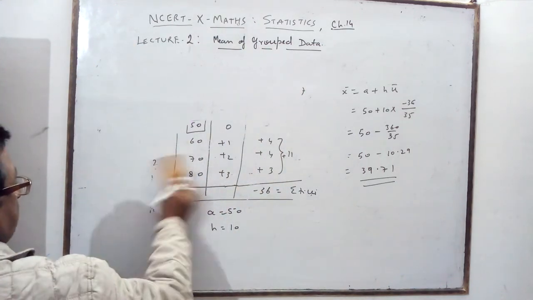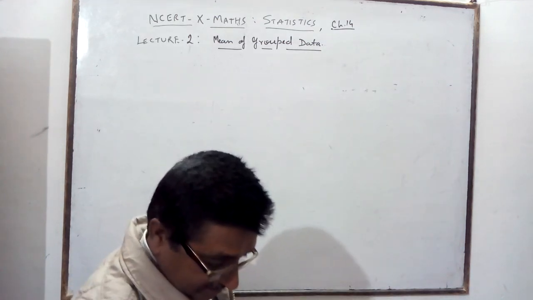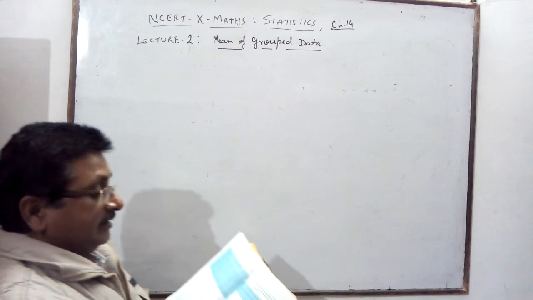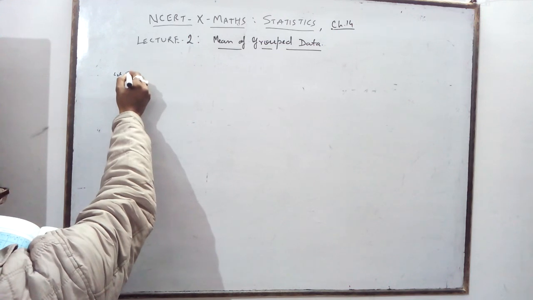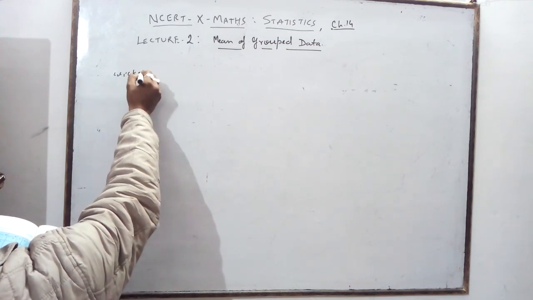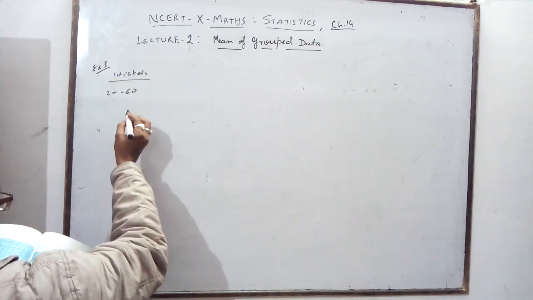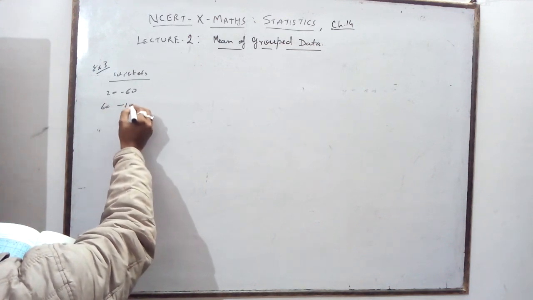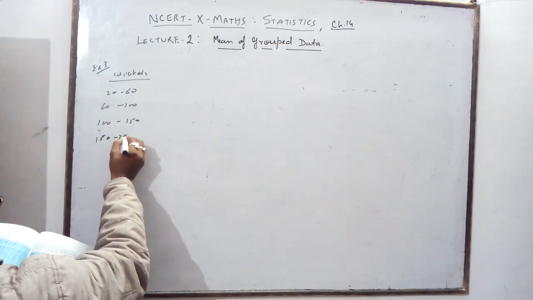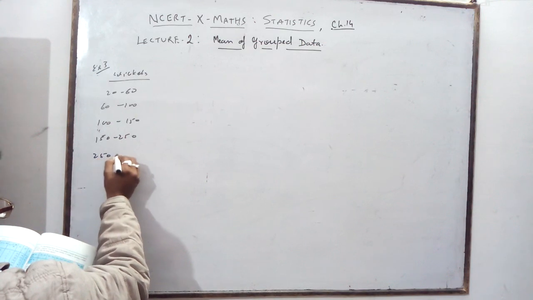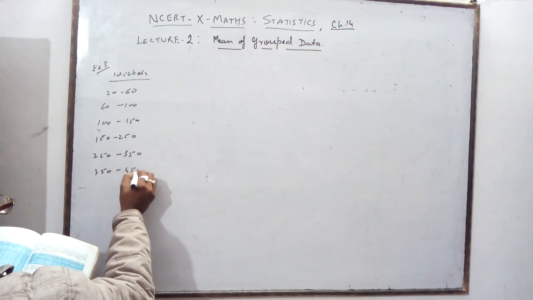Example number 3 is also given in your book, in which only the deviation method is applied. Here the number of wickets is given: 20 to 60, 60 to 100, 100 to 150, 150 to 250, 250 to 350, 350 to 450.